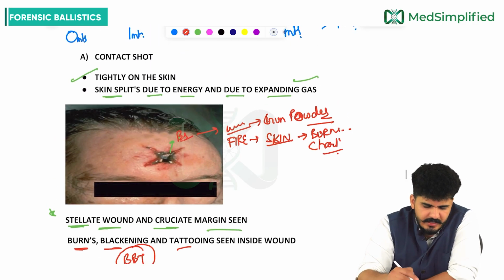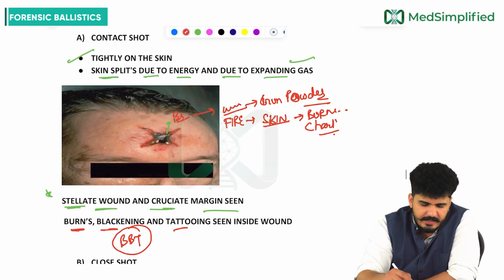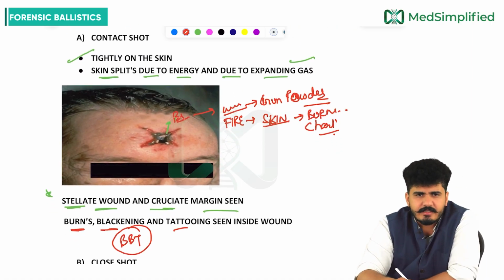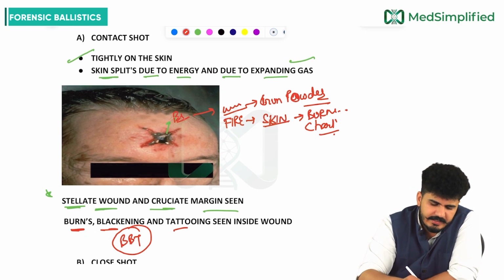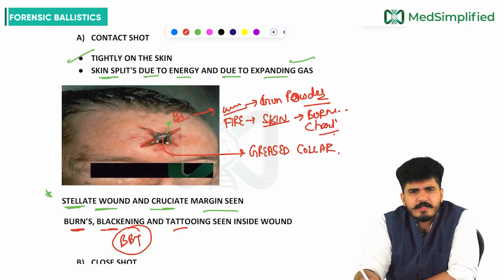So what are you going to see? BBT, burning, blackening, charring, and inside there will be what, sir? Inside there will be a grease collar. So this is a contact shot.